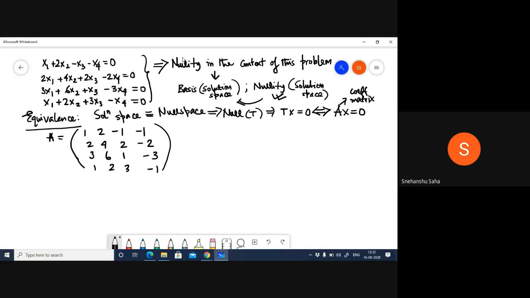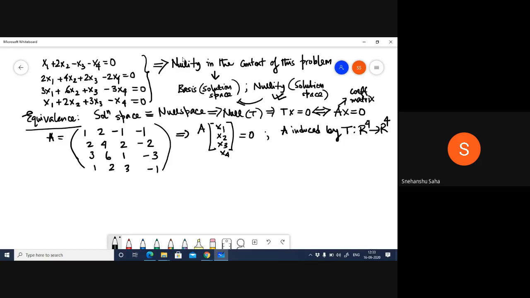So this is your A, and if this is your A, the system of equations can be written in this fashion. And we know that this A is induced by T, where T goes from R4 to R4.